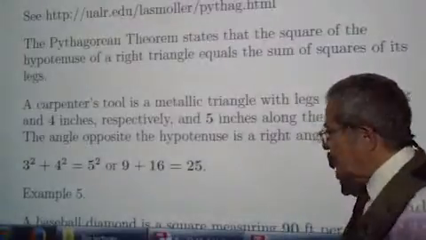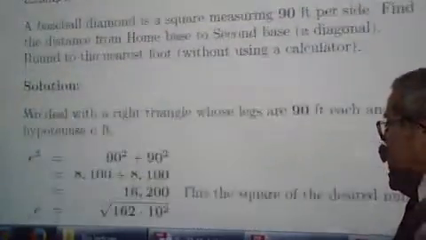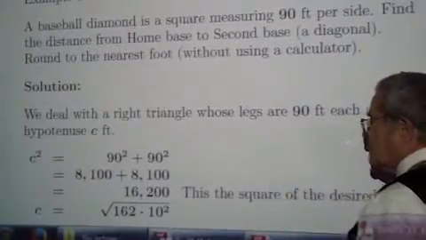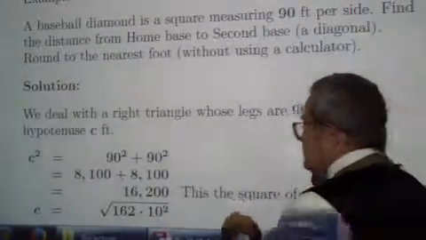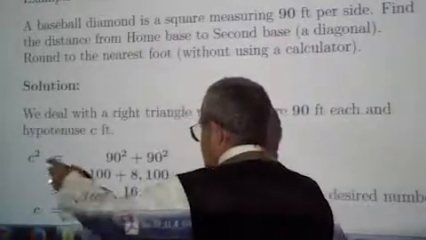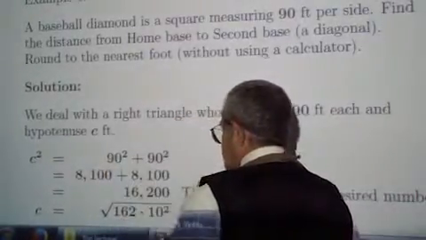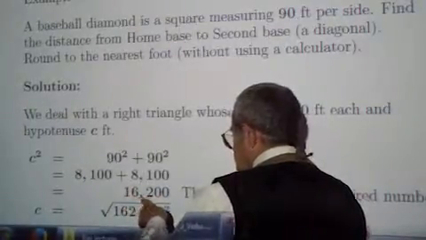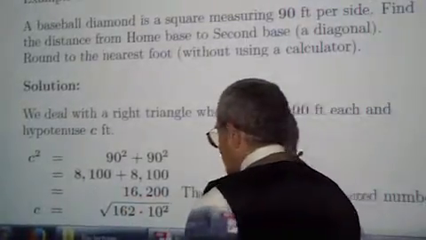Then I wanted to find the diagonal of a baseball diamond. A baseball diamond is a 90 by 90 square. The square of the diagonal, that's the hypotenuse, is 90 squared plus 90 squared, which gives you 16,200 for c squared.